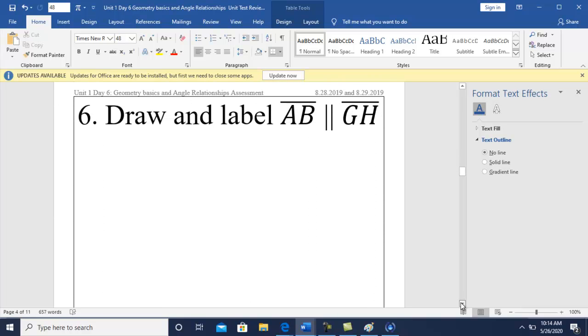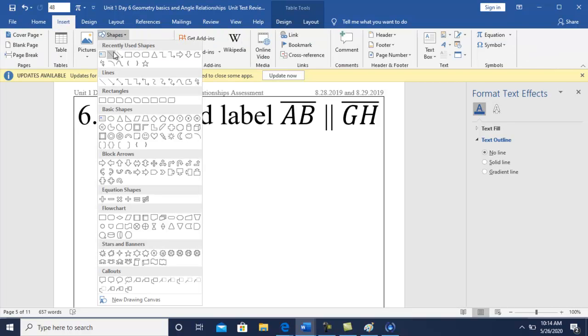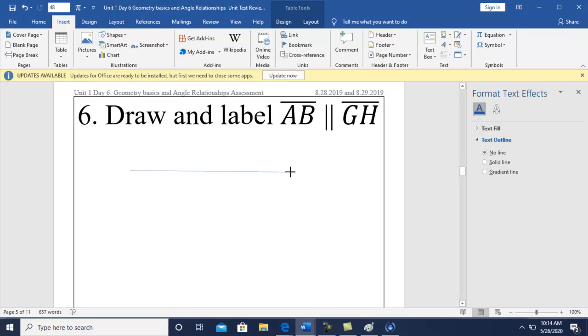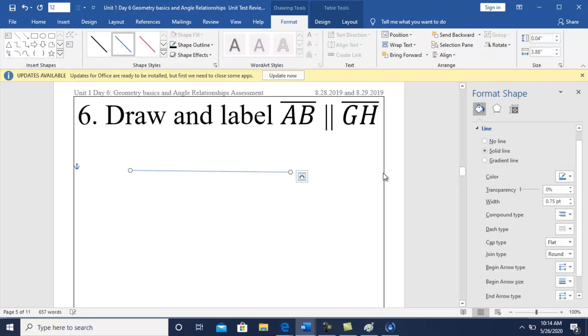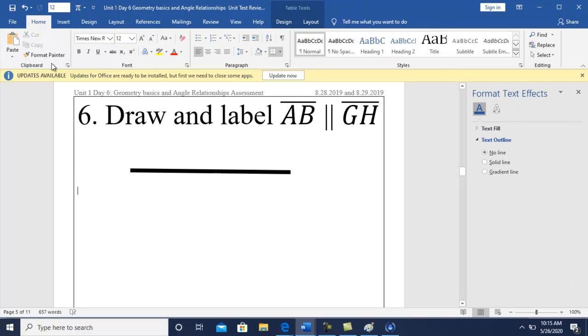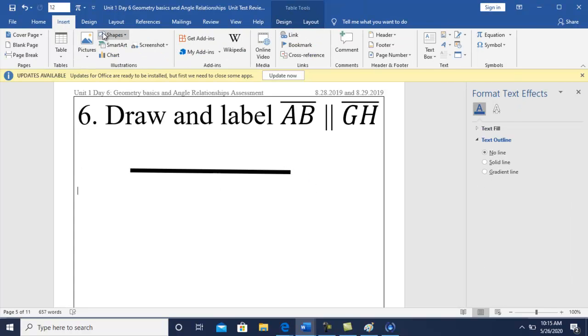Okay, we're going to draw 2 line segments that are parallel to each other. So we're going to draw our first line segment. Here's our first one. Put some points on there. We're going to label it.